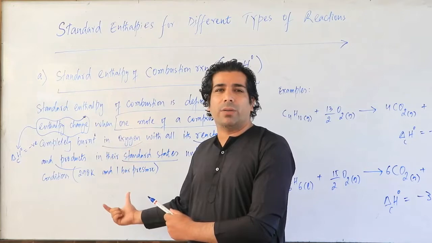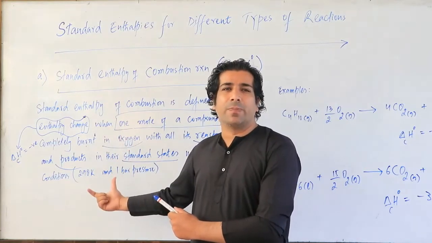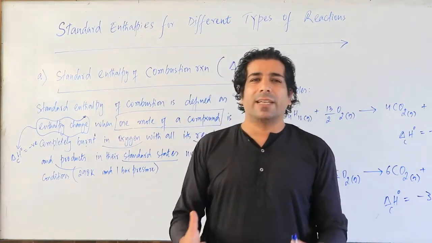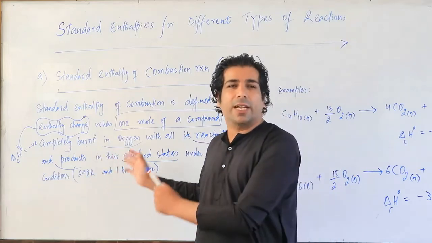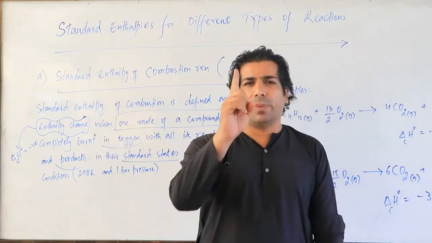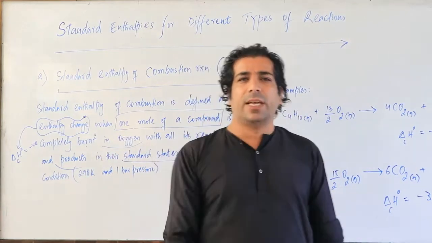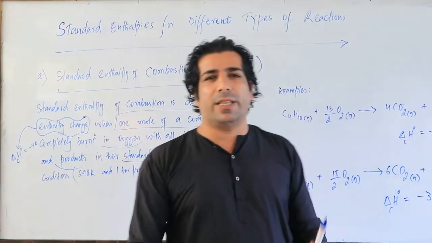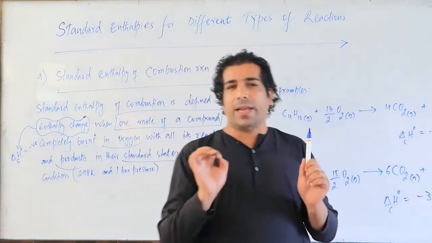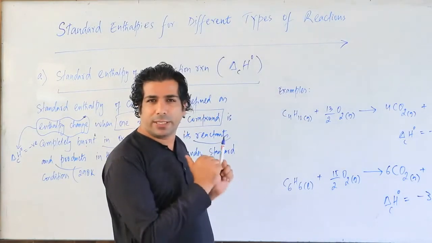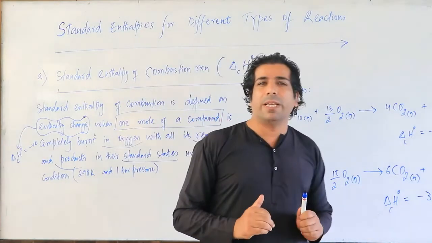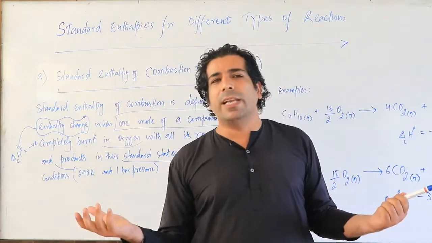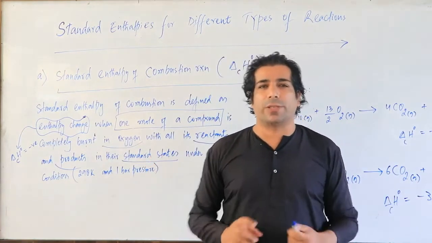So this 1 bar pressure and 298 Kelvin will define the standard states of these reactants and products. So you are burning 1 mole of a substance in the presence of oxygen, and the reactants and products should be in their standard states, and the amount of energy released during this combustion process will reveal to us that it's an exothermic reaction.